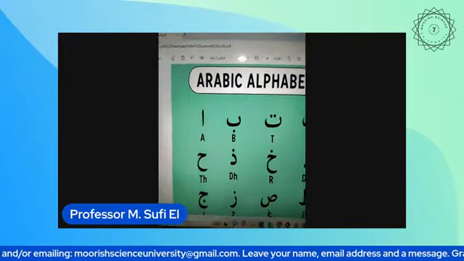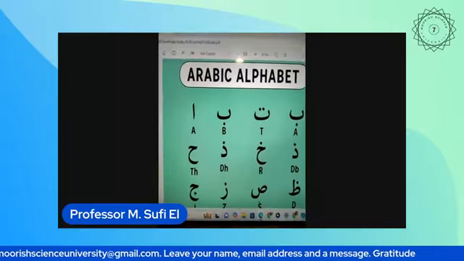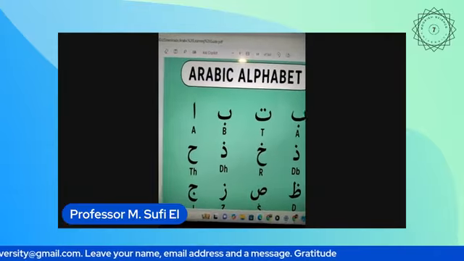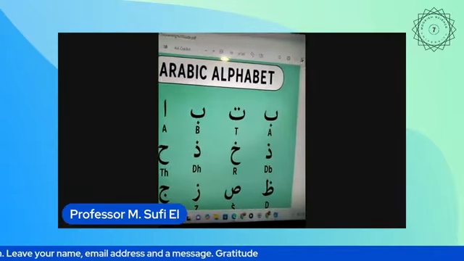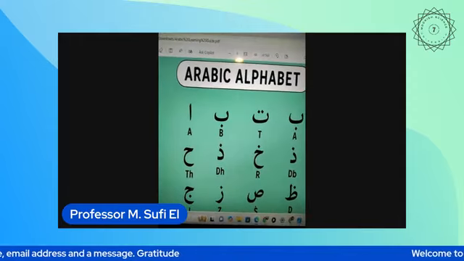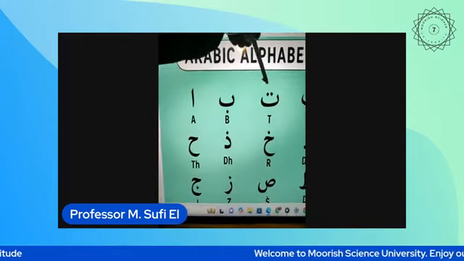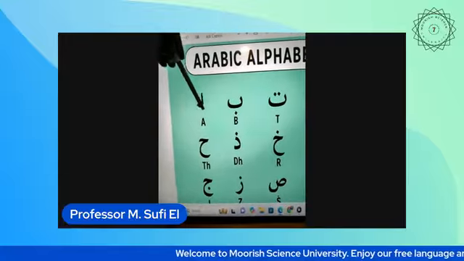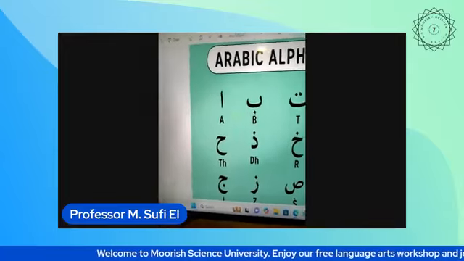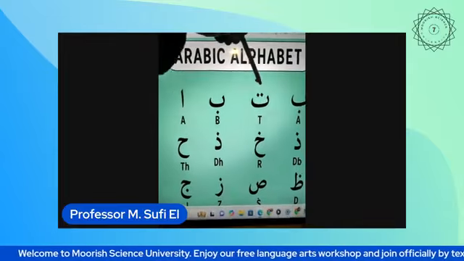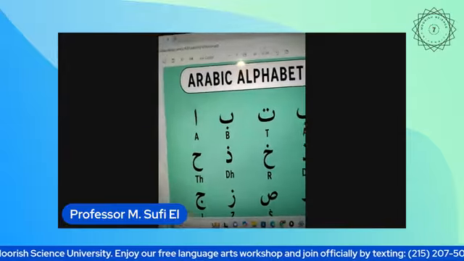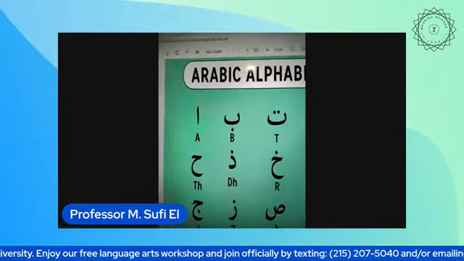Let's go through it like it's an alphabet song. Here we go. Bismillahirrahmanirrahim. Alif, Be, Te. They don't have it in order, so let's find one that's in order.